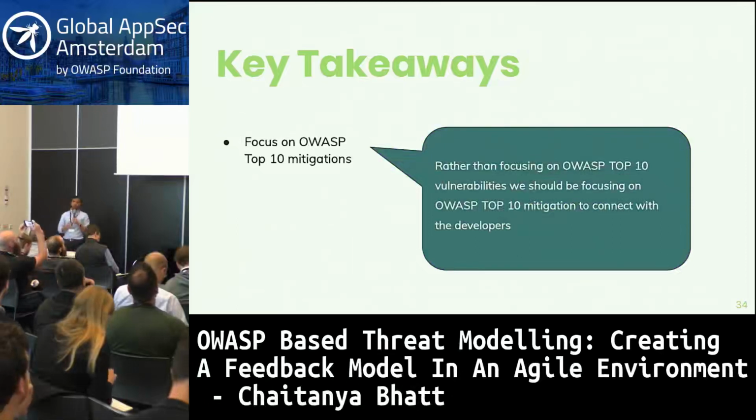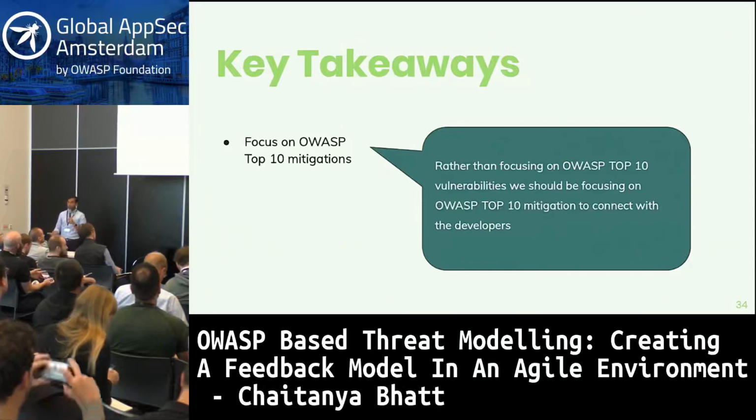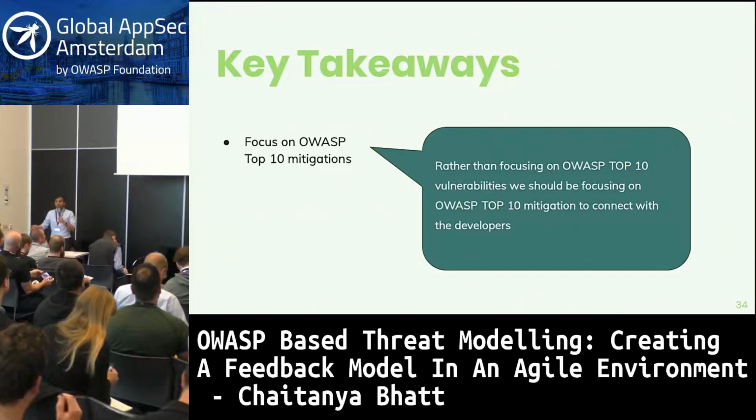Second, focus on top 10 mitigations. OWASP top 10 is good for us, but it might not be relevant for developers or the product teams. Build your own top 10 mitigations. Tell them what to fix rather than telling them that you have CSRF in your application. Tell them what they should do.